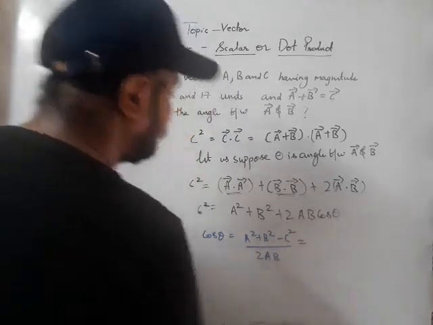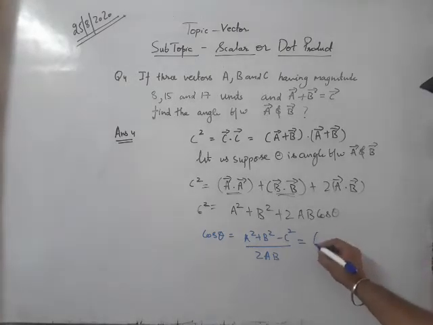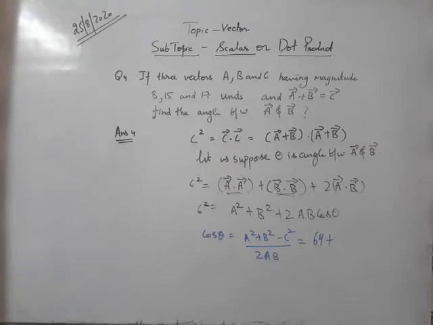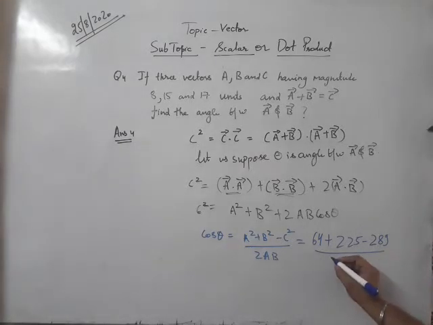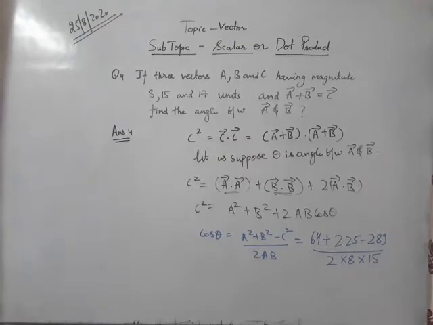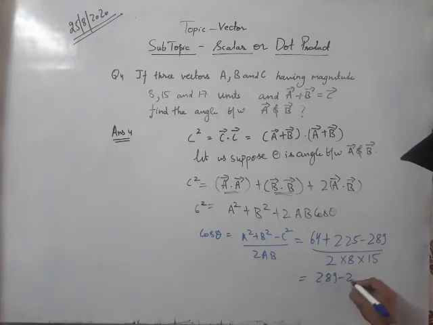So easily we can find out A square is 8 square, that is 64, plus B square is 15 square. Now C square is 17 square, that will be equal to 289. Now here it is 2A, that is 8, into B, that is 15 over here. Now we will be adding the numerator and multiplying in the denominator. Now when we add the numerator, it comes out to be 289 minus 289.